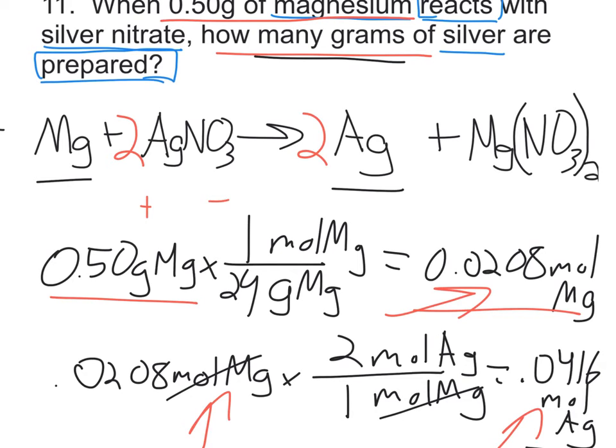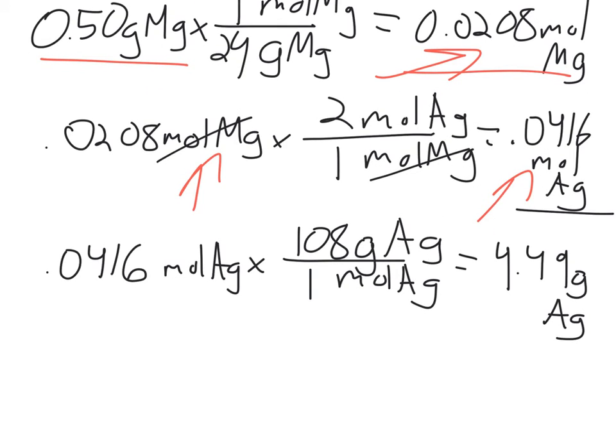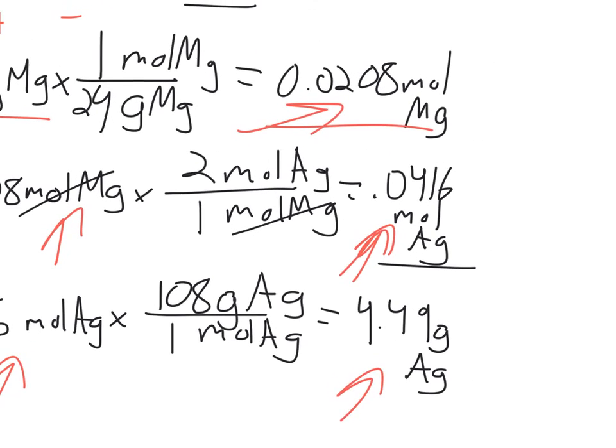It only tells us moles or molecules. It cannot tell us grams. So once we were there, we were able to get moles of silver, and then we took those moles of silver and used the periodic table to change that back into grams of silver. Very useful. All right, almost done.